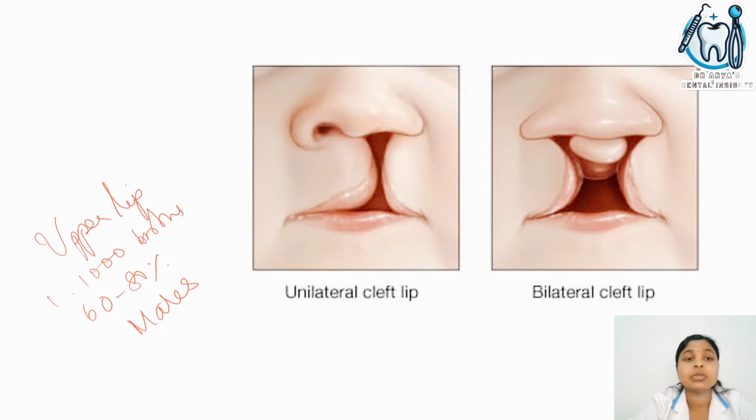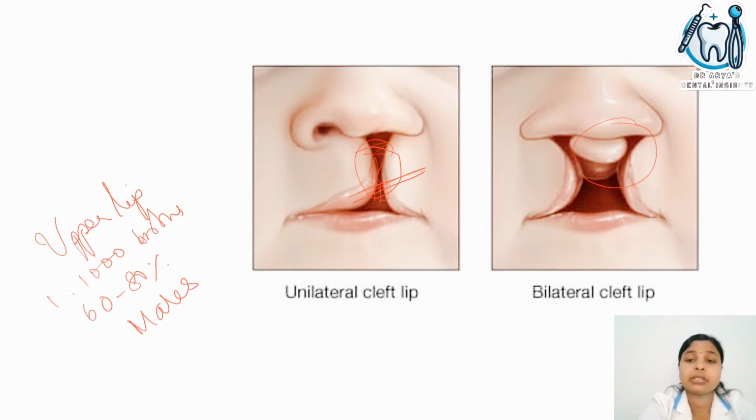Unilateral cleft lip is due to the failure of fusion of the maxillary process with the medial nasal process. So this is the reason for unilateral cleft lip: failure of fusion of the maxillary process with the medial nasal process of the same side. In bilateral cleft lip, it is due to the failure of fusion of the maxillary process with the frontonasal process.